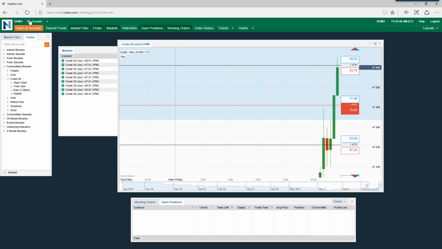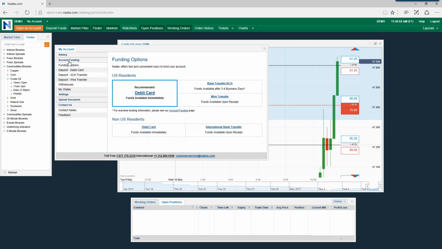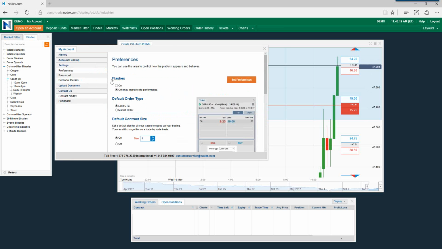Let me pause it for just a moment. If you go to my account and then go to settings, go to preferences, there's a default order type. And this is the first thing that I recommend new traders do: limit GTC.